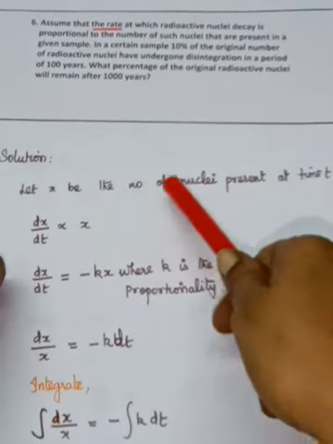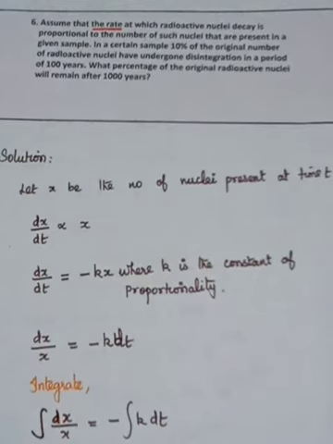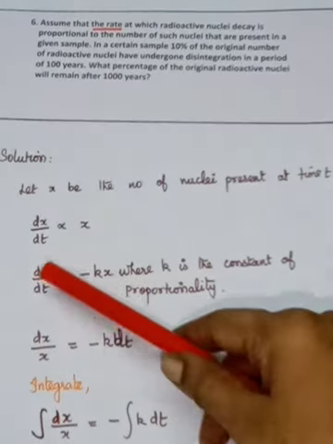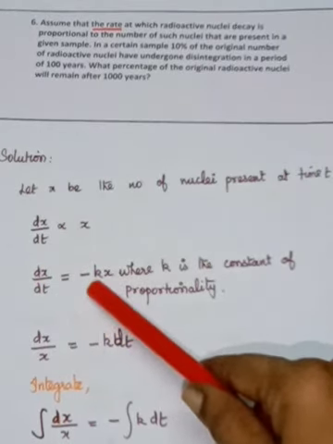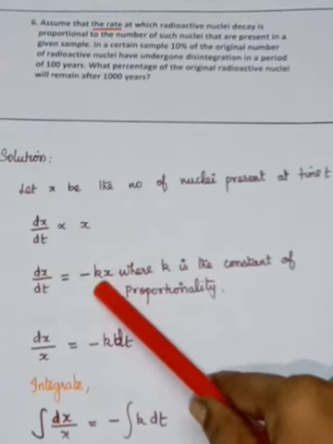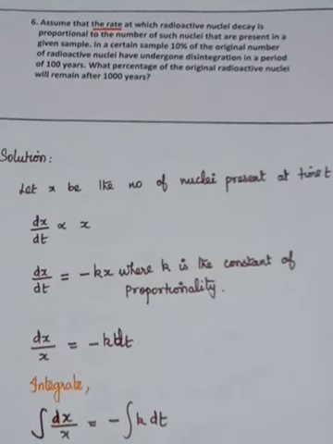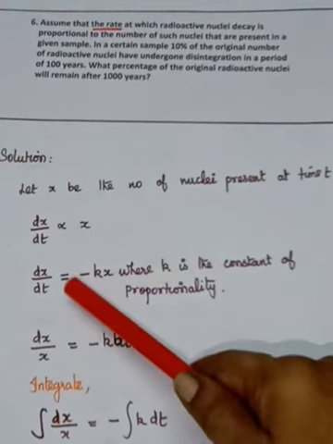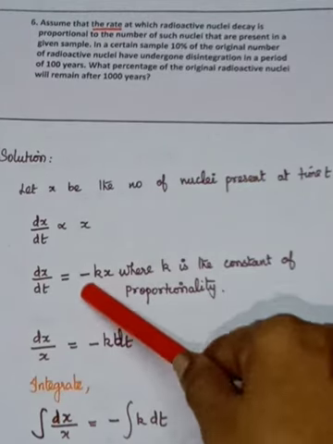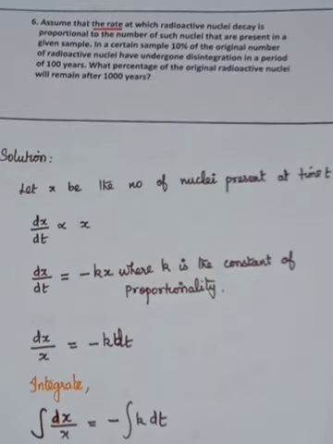The number of nuclei present at time t is x. So dx by dt is proportional to x, and dx by dt is equal to minus kx. So k is the constant of proportionality. Here, why I have written minus means it is reduced. It is decay; it is given that nuclei decay. So that's why I have written the minus symbol. You need not write minus, you can write plus also.